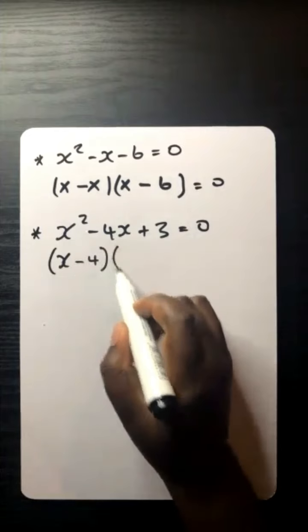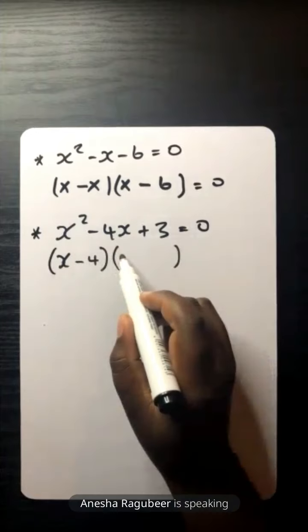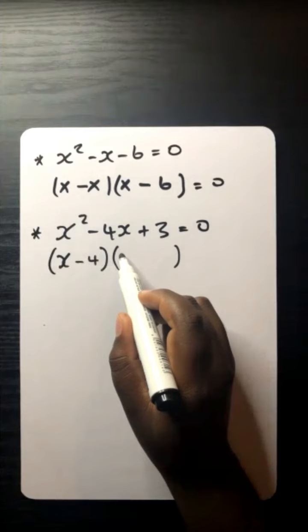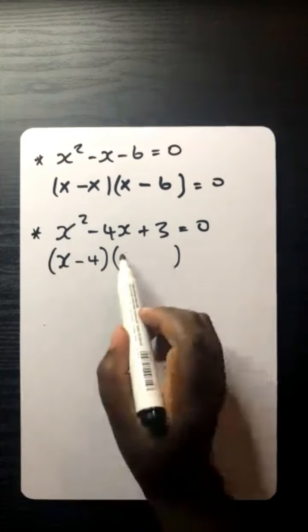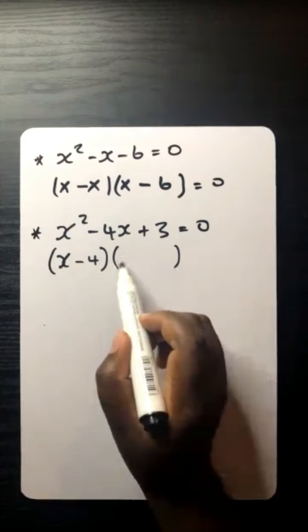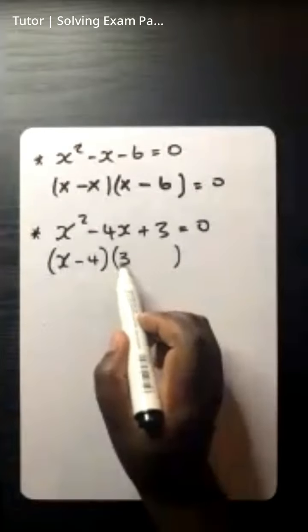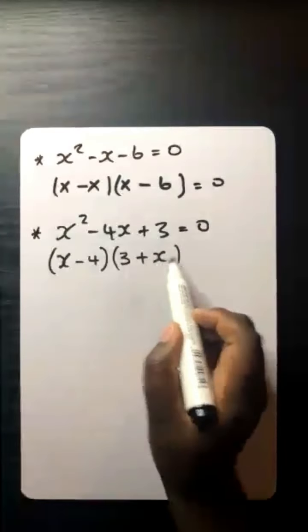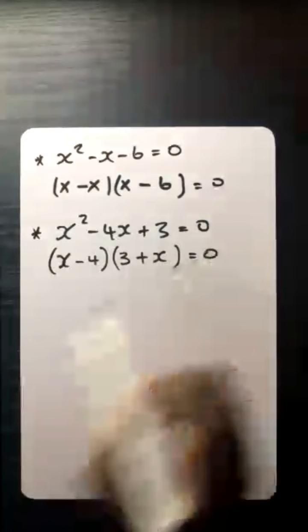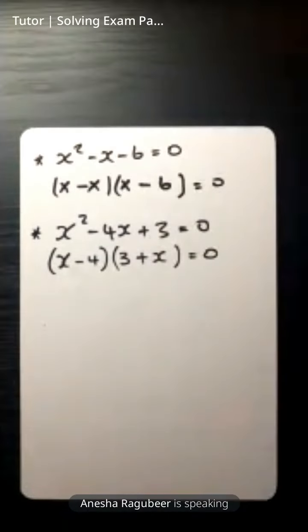And then in the second brackets, I'll put my 3 plus x, equals 0. Yes, sir. Okay.